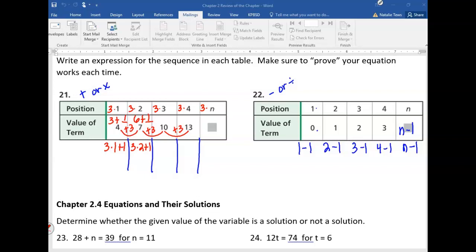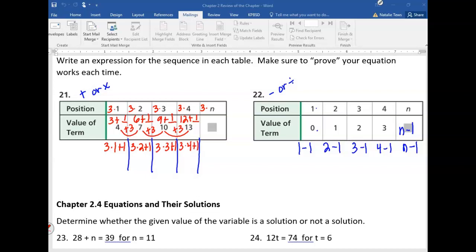Then my next one, I have 3 times 3 equals 9 plus what number equals 10? 1. So see how good I'm doing? My plus 1 held, so I have 3 times 3 plus 1. That's my next expression. Now I have 3 times 4 equals 12. 12 plus 1 equals 13, right? So 3 times 4 plus 1.